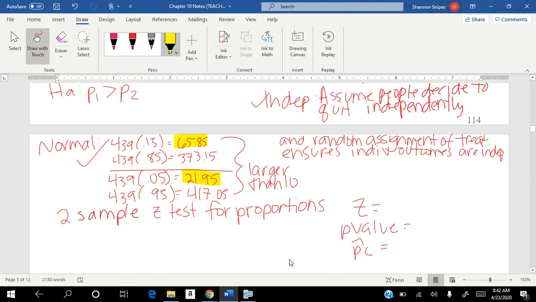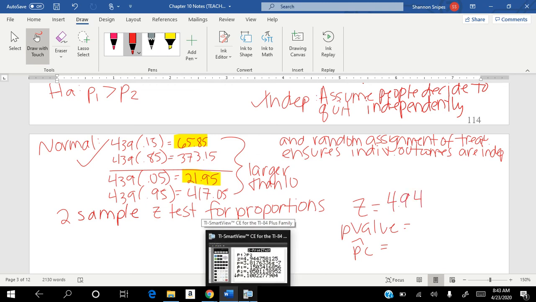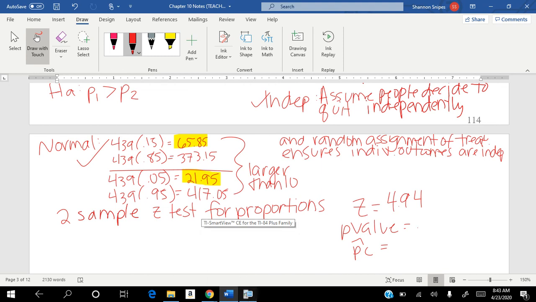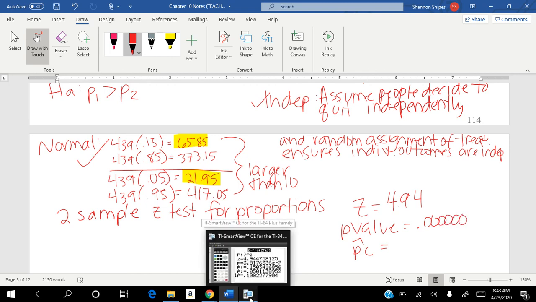So your z is 4.94. Your p-value is basically 0. Can you see it really tiny right there? It's 0.000000 and a 4. So it's 3.8 times 10 to the negative 7.